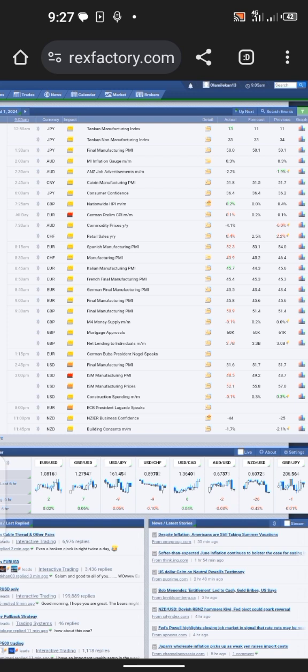Now let's talk about the impact of geopolitical events. Number 1, political stability. Political stability is crucial for economic confidence. Elections, government changes, and political unrest can create uncertainty, impacting currency value. Stable governments attract investment, strengthening the currency.